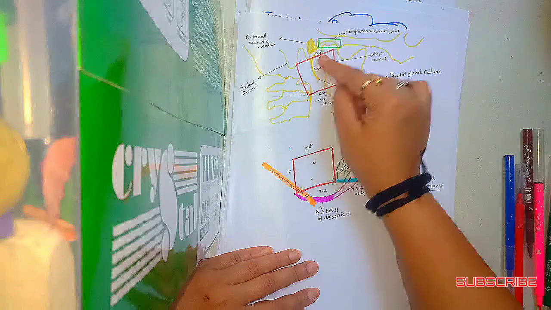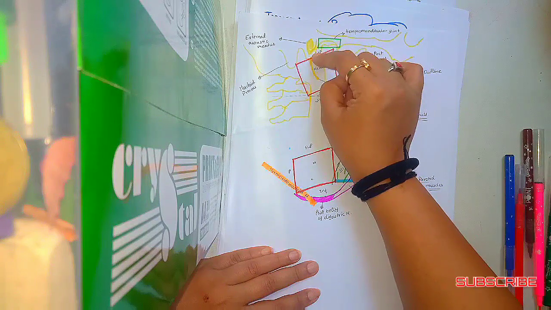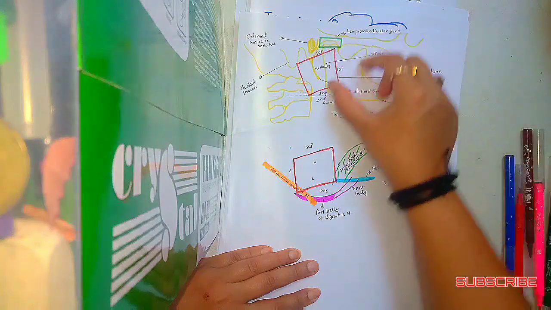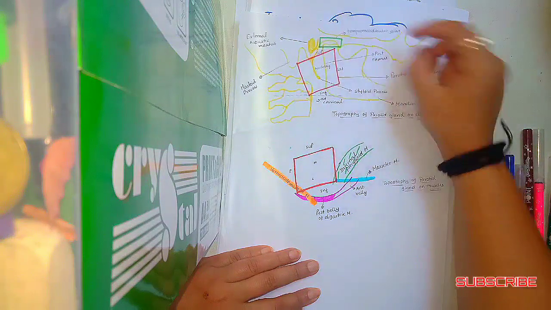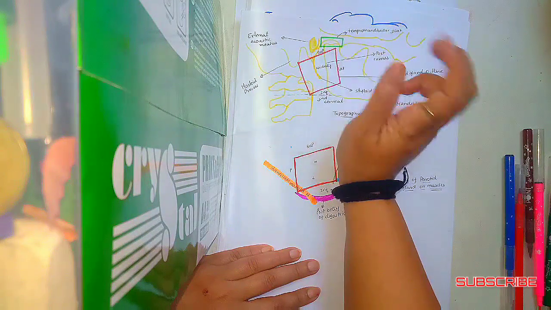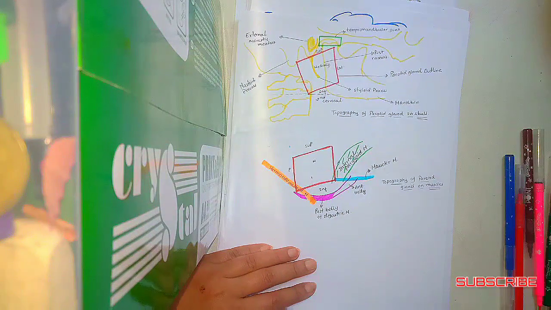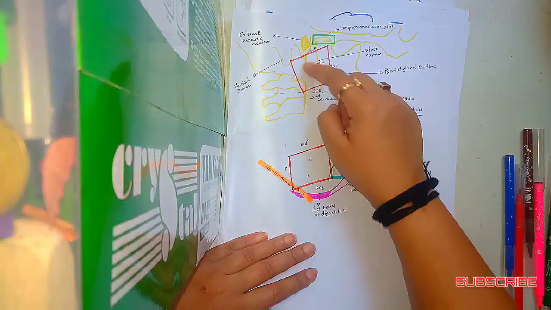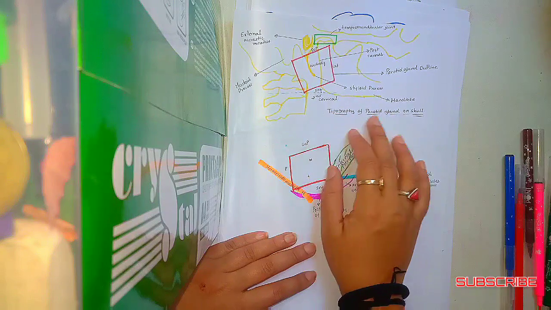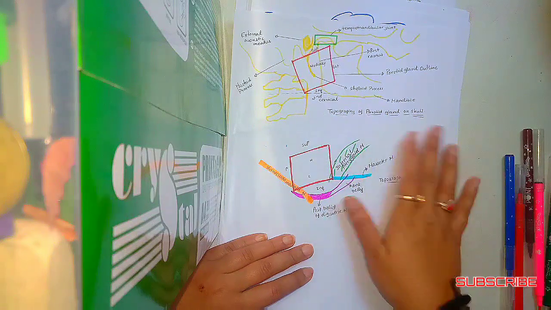Superiorly, you can see the external acoustic meatus and the temporomandibular joint. Here we have the mandible, and this is the temporal bone. Medially we have the styloid process. That's it for the topography of the parotid gland on the skull.